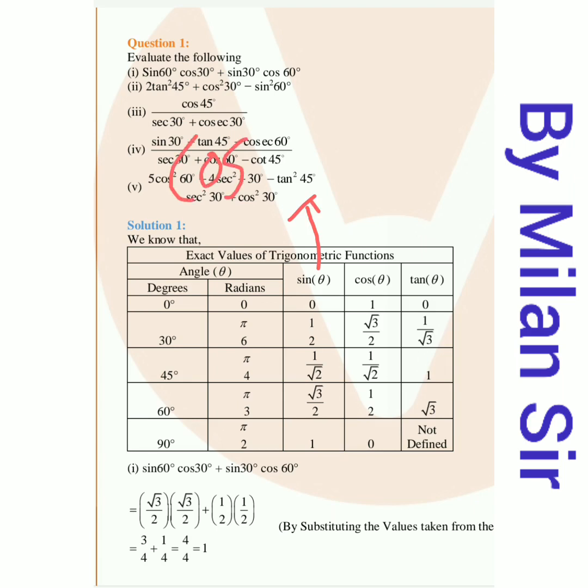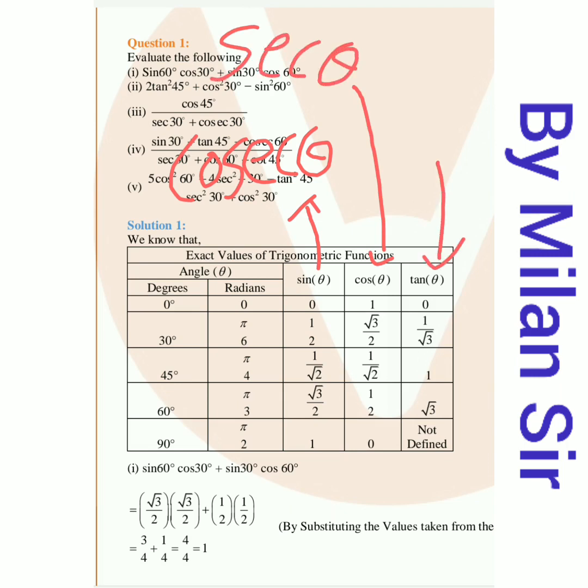So if we change the numerator and denominator of sin theta, then we can get the value of cosec theta. If we inverse the cos theta, that means if we change the numerator and denominator of cos theta, then we can get the value of sec theta. Same way, if we change the numerator and denominator of tan theta, we can get cot theta, right?